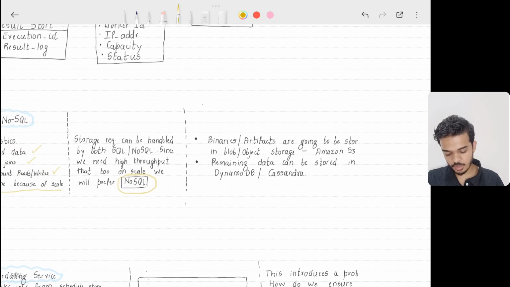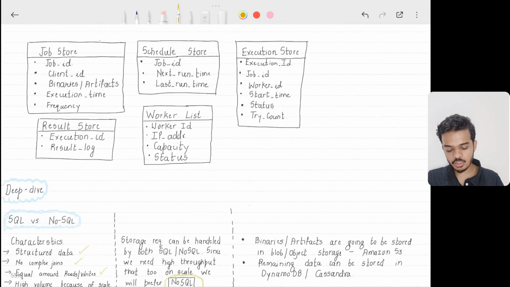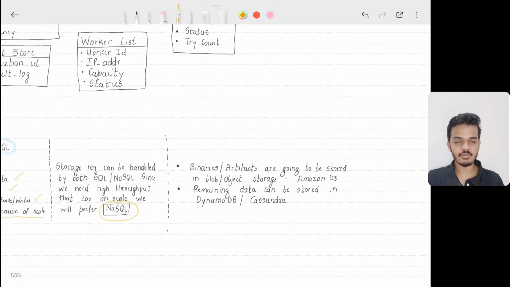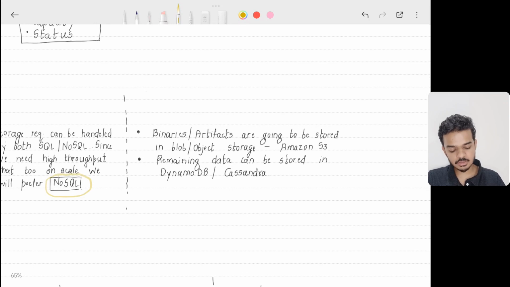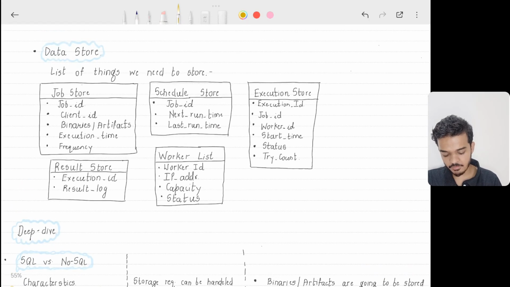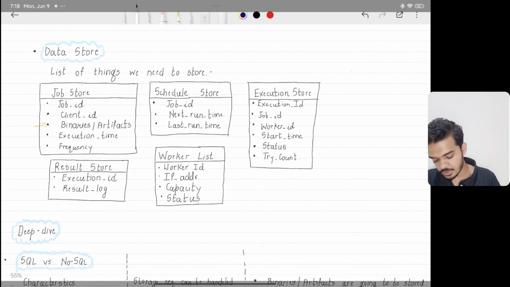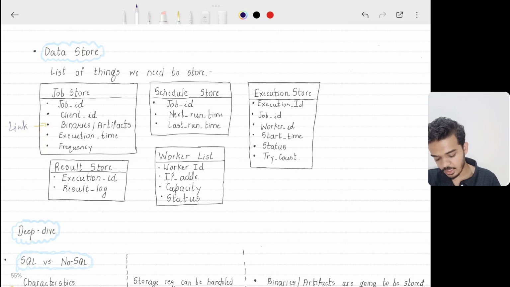So NoSQL would be good for all the things except the binaries and artifacts. The binaries and artifacts are object files, so we'll need to store them in a blob storage or an object storage like Amazon S3. And the place where we mentioned binaries and artifacts would actually be linked to the binaries and artifacts, and the actual binaries and artifacts can be stored in an object storage like S3.